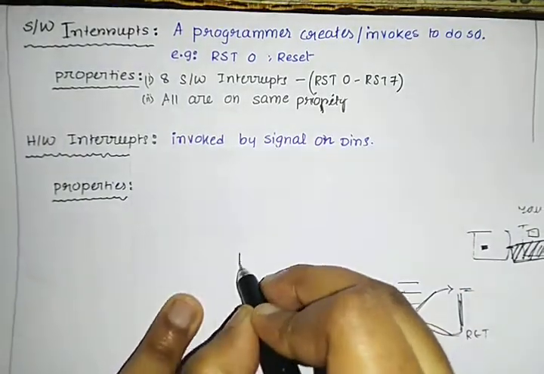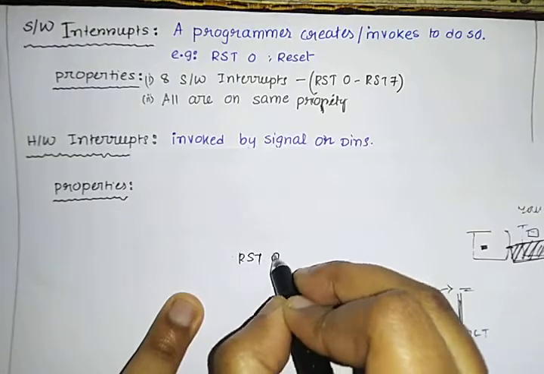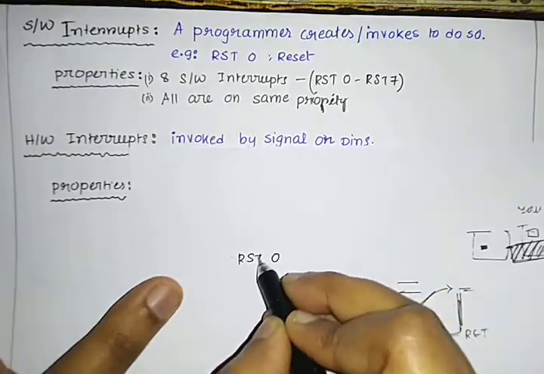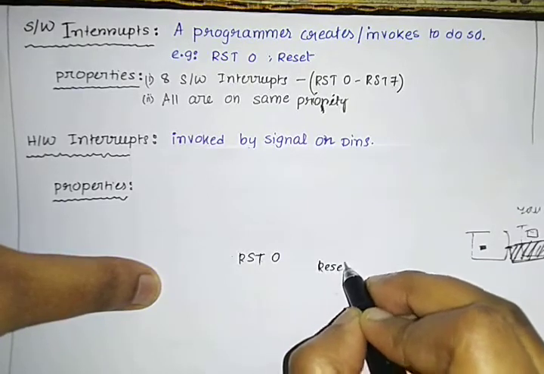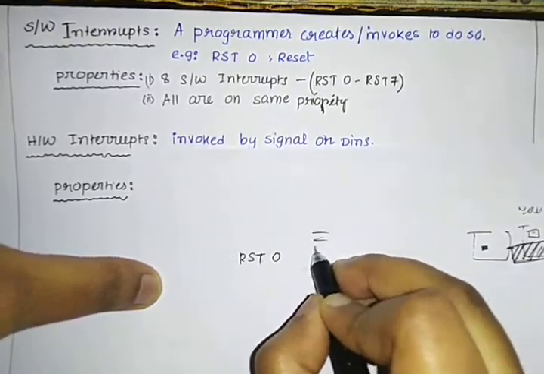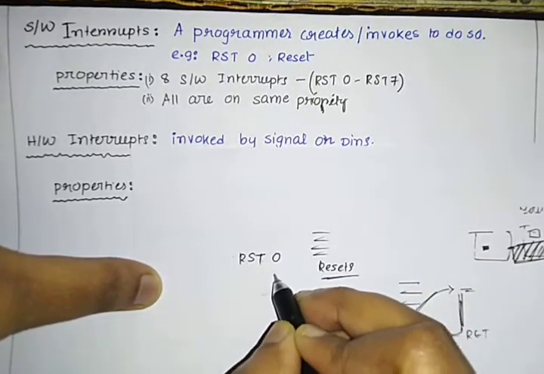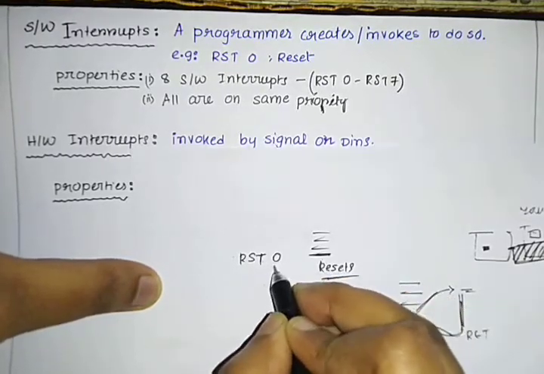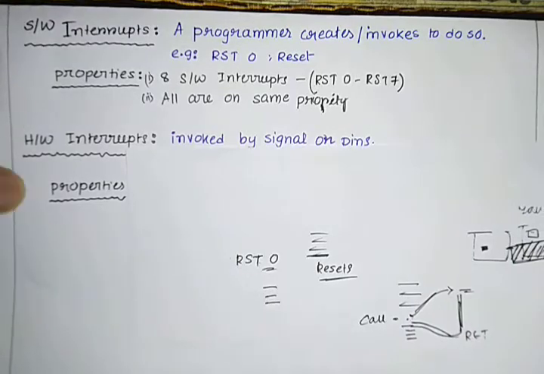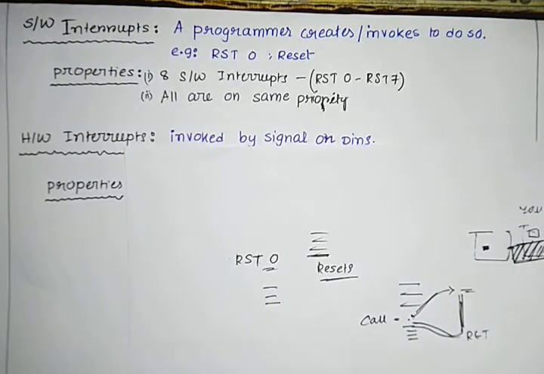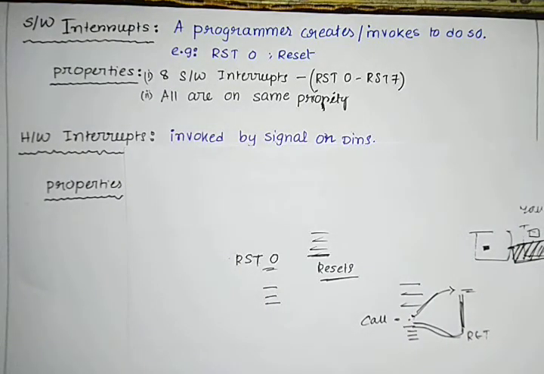So I will just write RST0. RST stands for restart, and this particular instruction resets the whole microprocessor. So if I was writing some program and I write RST0, the program stops here, it will reset the microprocessor and then execute again. So this is an example of software interrupts. All the software interrupts, RST0 to RST7, are on the same priority.